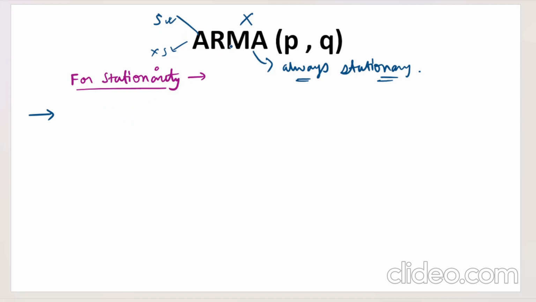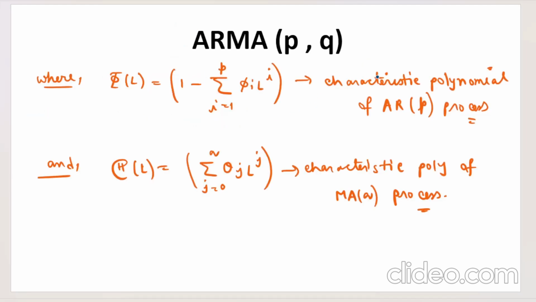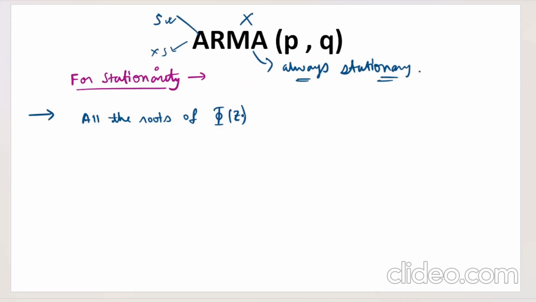And how do you find stationarity of the AR process? Again, if you have seen my video, you will know what the criterion is. All the roots of phi z, where phi z is nothing but this characteristic polynomial of AR(p) that I have told you here. Instead of the lag, you write z. You replace it with a value z because you are trying to find the roots eventually.